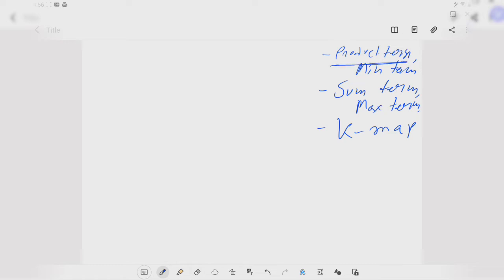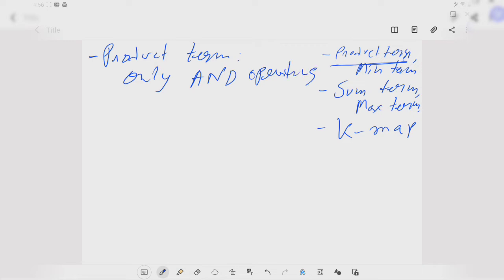So a product term is a term or an expression where there is only the product operations, or the AND operations. So only AND operations. For example, if I say A, B, C prime, that's a product term.